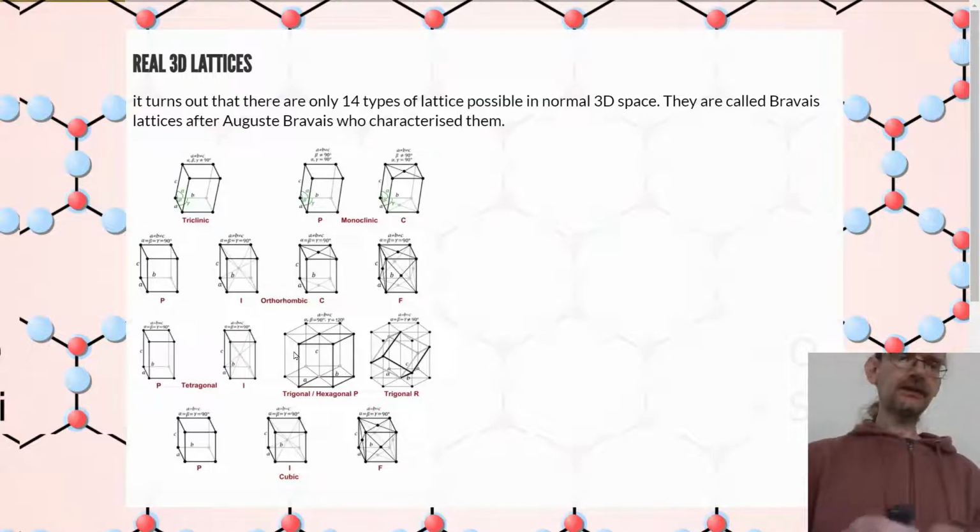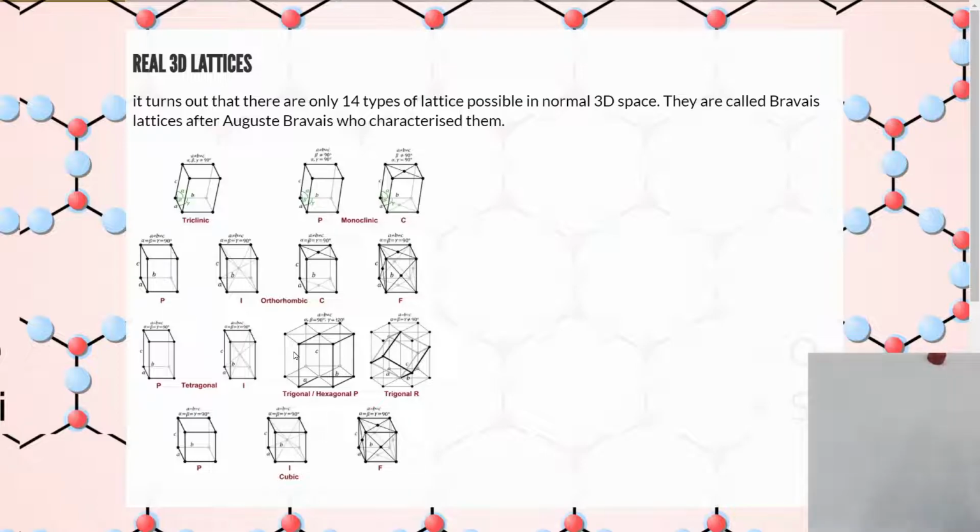In 3 dimensions with a lattice, there are only 14 allowable types that you can form by specifying 3 lattice vectors that aren't linearly dependent. You get these 14 types of lattice.